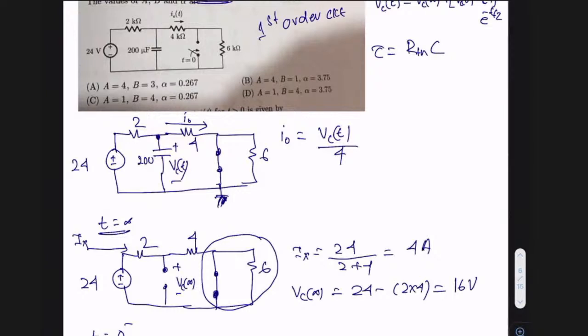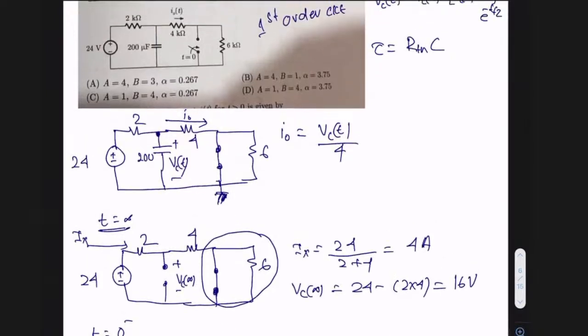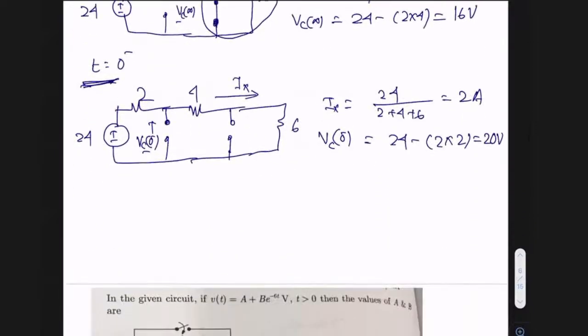You have to refer to the circuit which is valid for t greater than 0. So for t greater than 0, I am finding the RTH. Because the circuit contains only independent sources, the independent voltage source is short circuited. So this is 2, and we have to find the RTH from this terminal.